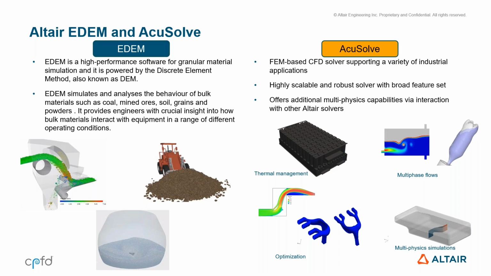Using EDEM, engineers can derive crucial insights into how bulk materials interact with equipment as well as other materials, and how these insights can be used to improve operational efficiency and drive the productivity and throughput of these systems.